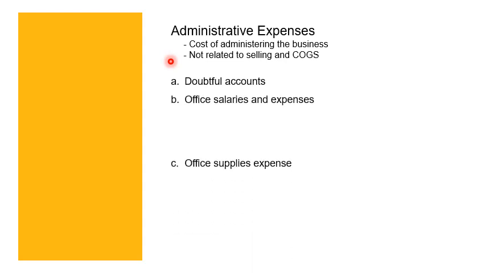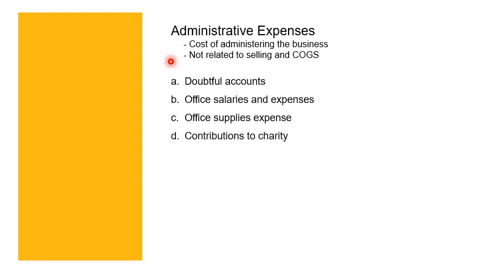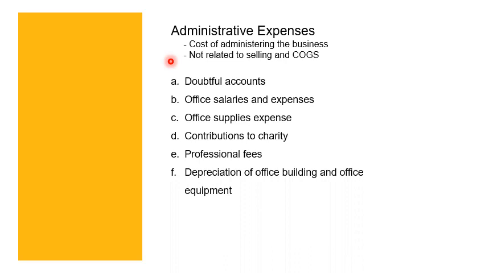Letter B, office salaries and expenses. C, office supplies. Basta sa office, administrative expenses talaga yan. Letter D, contributions to charity. E, professional fees. And F, depreciation of office building and office equipment. And G, amortization of intangible asset.